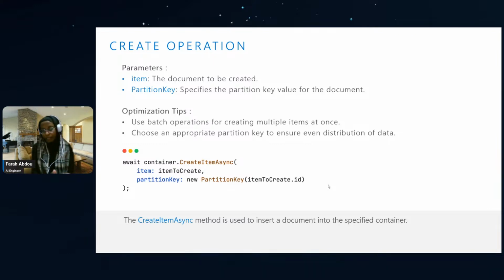Here we have some optimization tips: you can use batch operations to create multiple items at once, and you can choose an appropriate partition key to ensure even distribution of data. We will talk about batch operations in a minute. CreateItemAsync is the method used to insert a document into the specific container that we have.